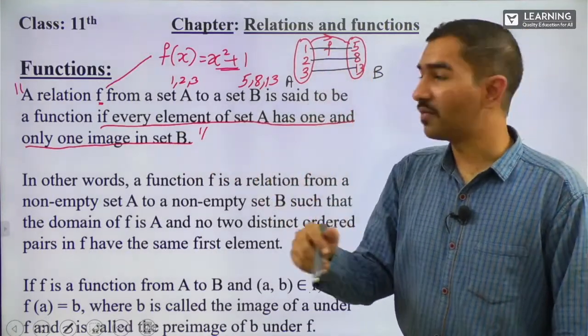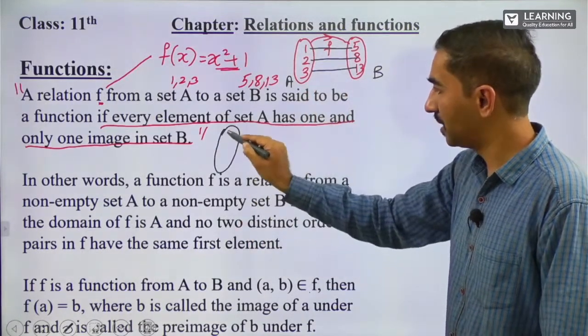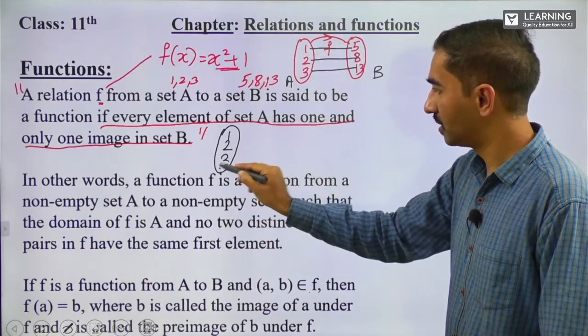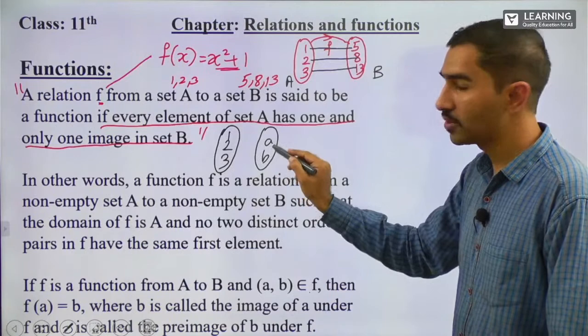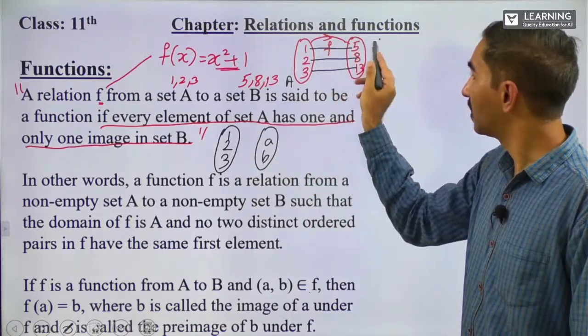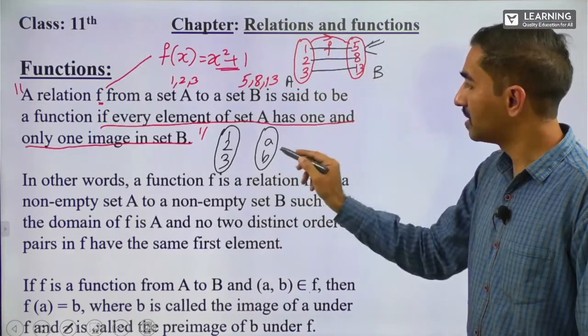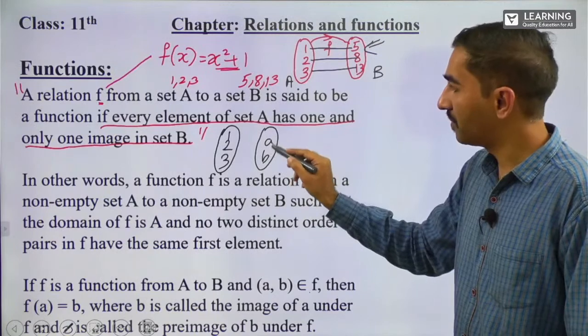So what is not a function then? For example, same example, we'll take 1, 2, 3. Here we'll take A and B. These are also numbers only, so I'm just not writing the numbers. In the same manner as numbers are presented here, there are numbers there as well, but we are taking the help of variables only.